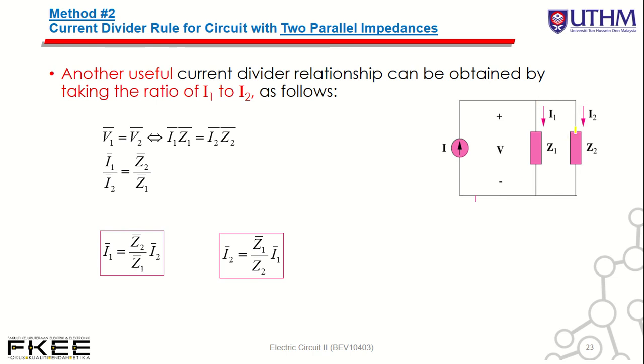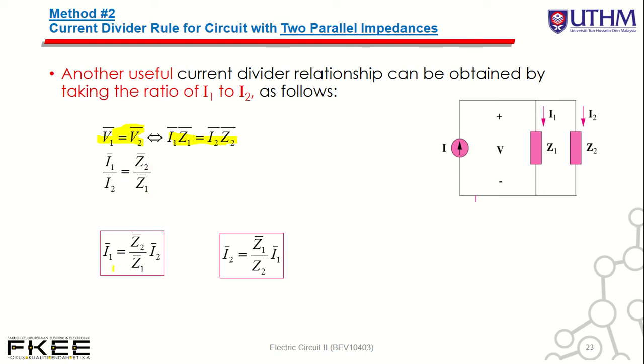That's another approach. Okay, another useful current divider relationship can be obtained by taking the ratio of current 1 to 2 as follows. Because we know that V1 equal to V2, then I1 Z1 equal to I2 Z2. So, rearrange this equation, you can get I1 over I2 equal to Z2 over Z1.